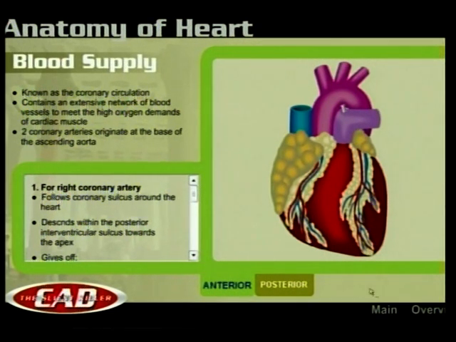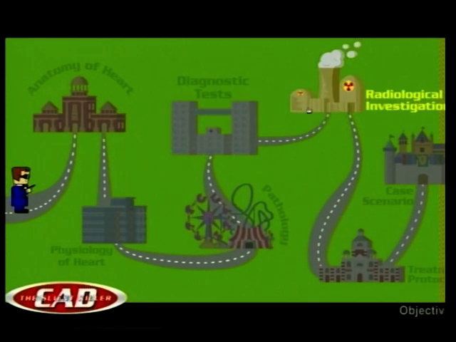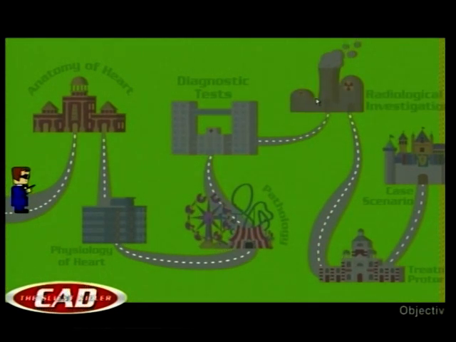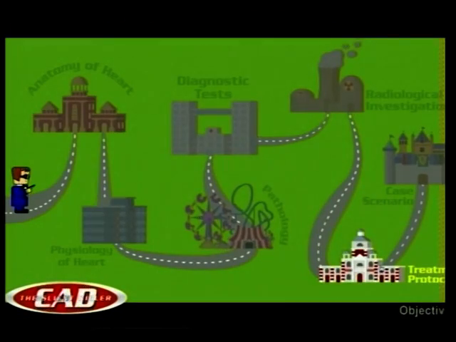After seeing the blood supply of the heart, we will see the radiological investigations of coronary artery disease and also some of the treatment modalities in the applied aspects. That is the way we are going to proceed with this topic.